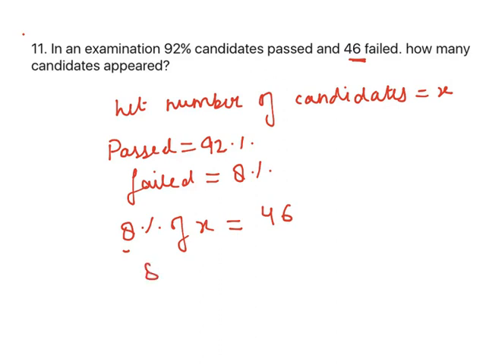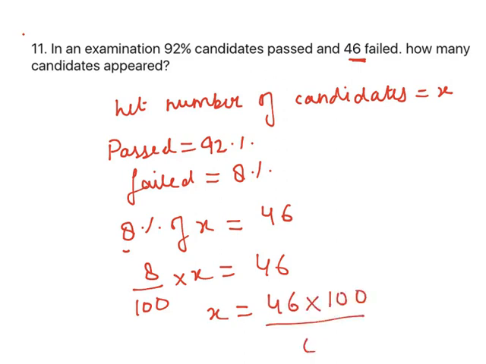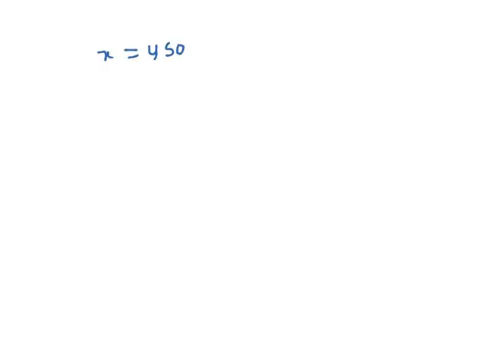So now X will become 46 times 100 divided by 8. On solving, this gives us 575. So the total number of candidates that appeared for the examination is 575.